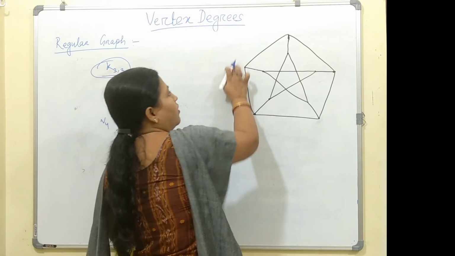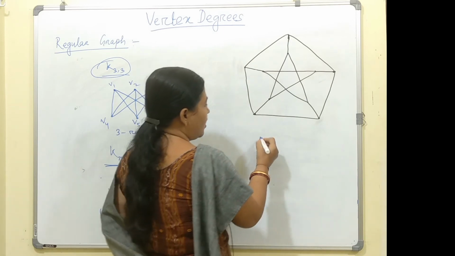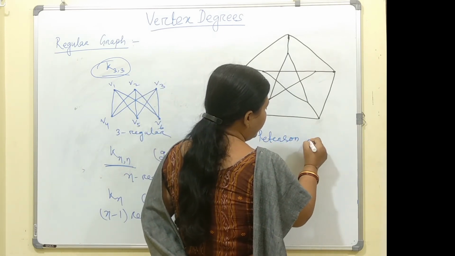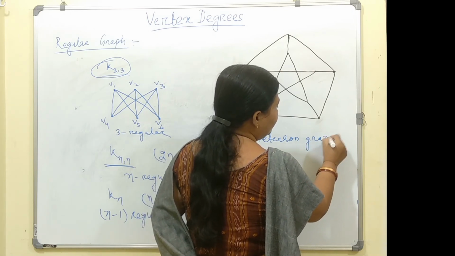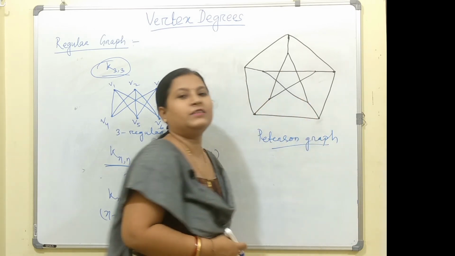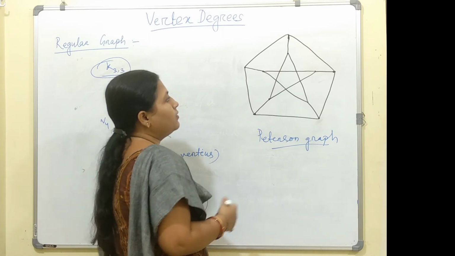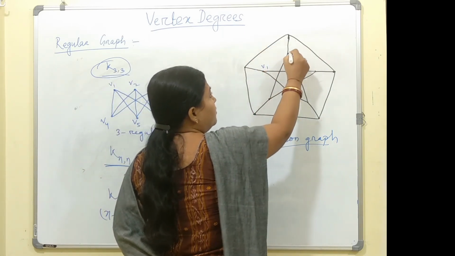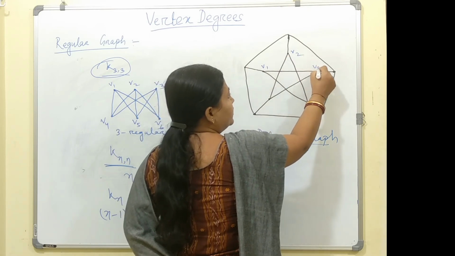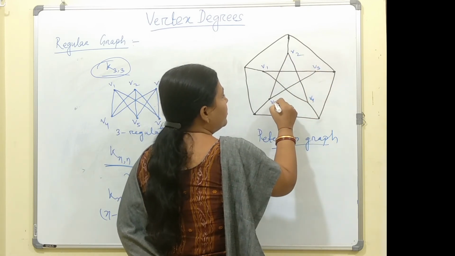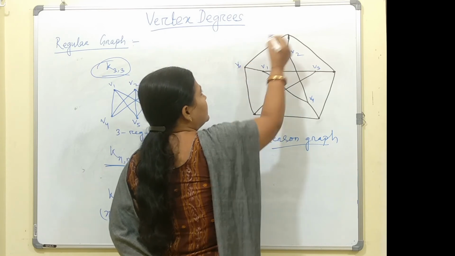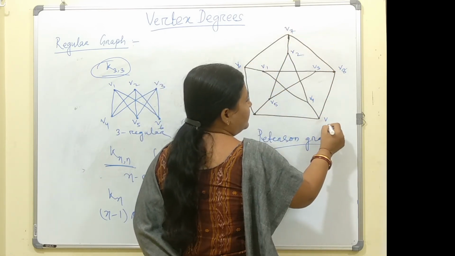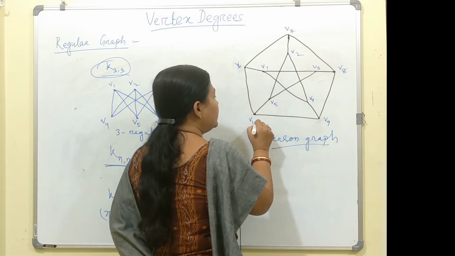Now come to this graph. This graph's name is the Petersen graph. This is my favorite graph. Look at this graph. There are vertices V1, V2, V3, V4, V5, V6, V7, V8, V9 and V10.